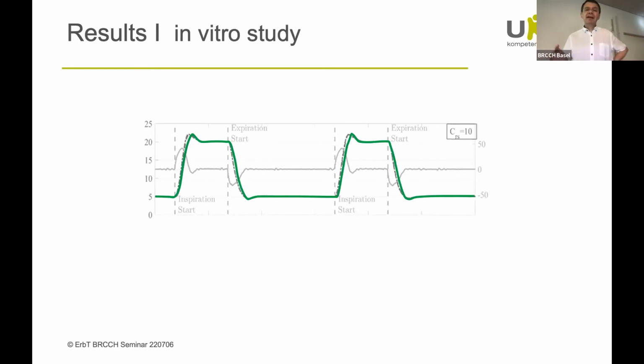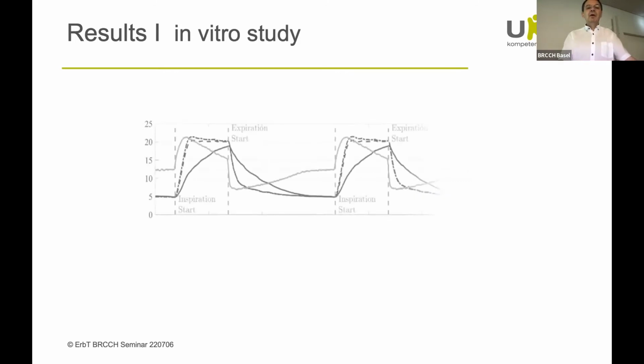Now, I will show you the traces that we can find depending on the compliance. Compliance of 10 translates to a very stiff lung, and you see the green line is the tracheal pressure. That's almost identical to the one that's measured in the ventilator and the Y-piece. A compliance of 60 translates to a normal lung. Here you see it's quite different.